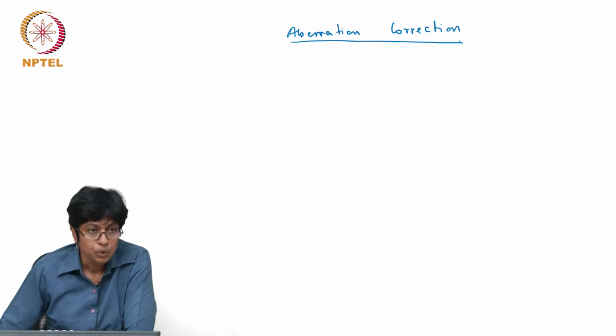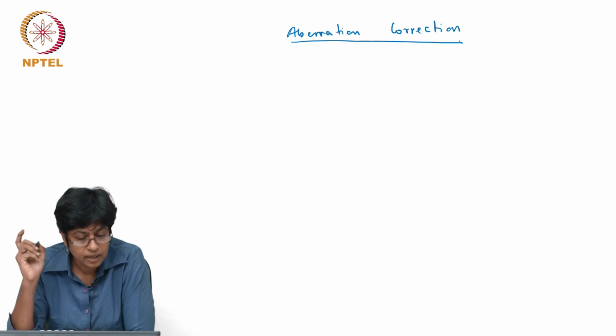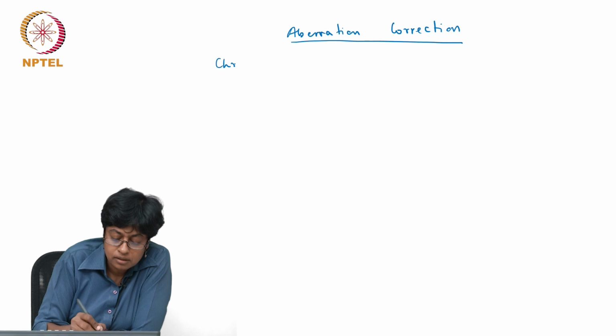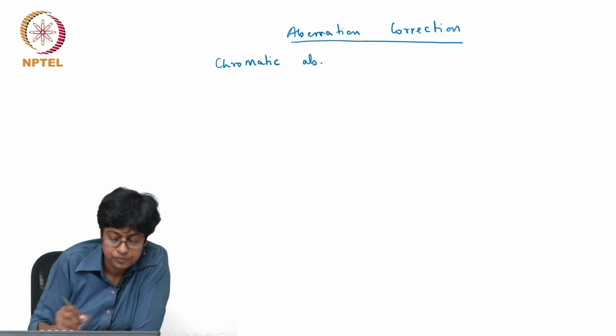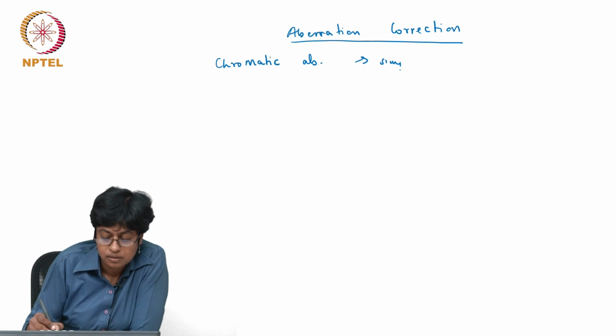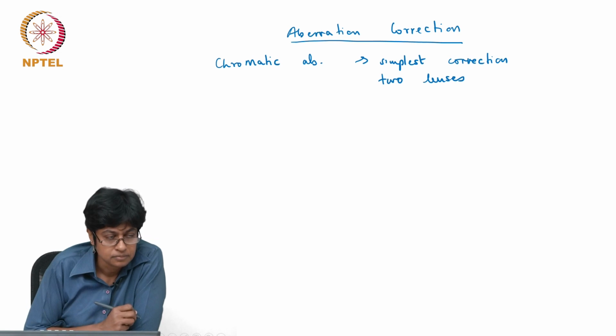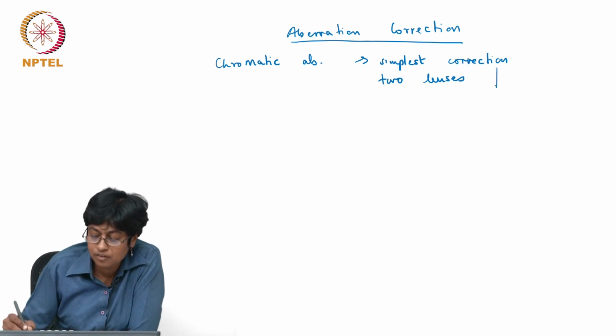Okay, so you had this idea already with chromatic aberration, that the simplest correction was with 2 lenses, and this gave you 2 wavelengths corrected.